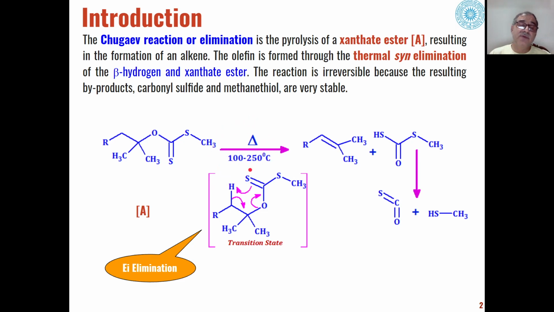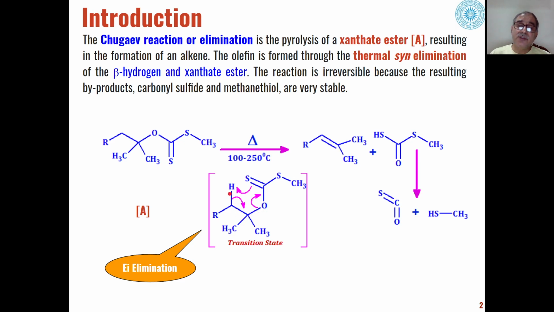pyrolysis point of view, and the mechanism which it follows involves this type of six-member transition state where this hydrogen present at the beta carbon to this ester group.